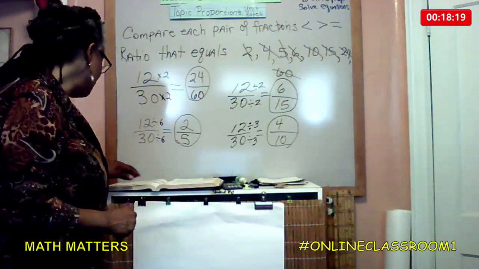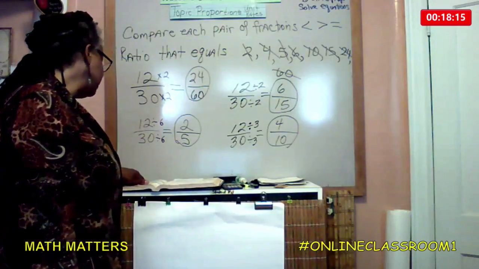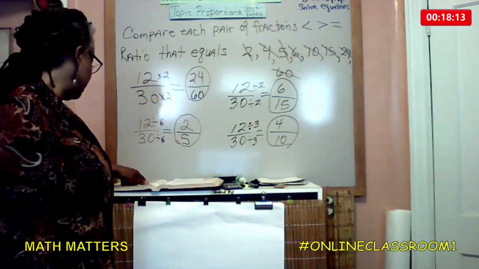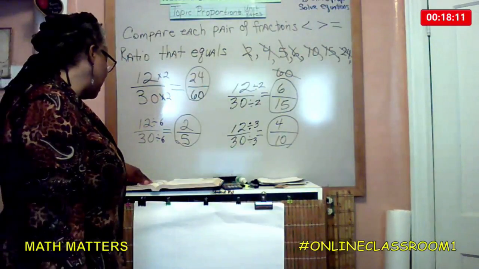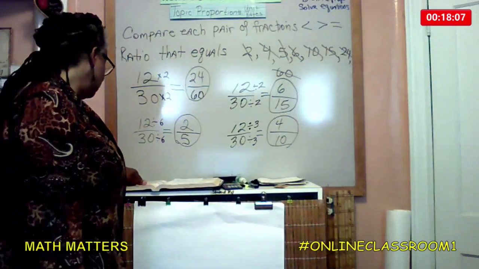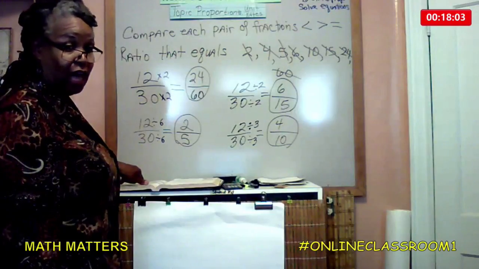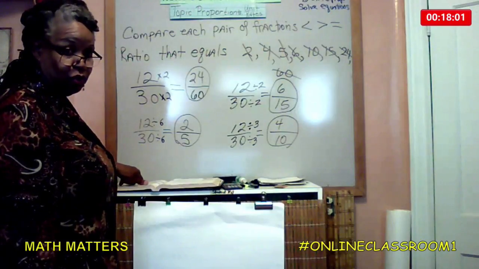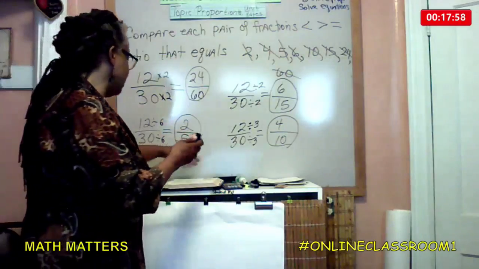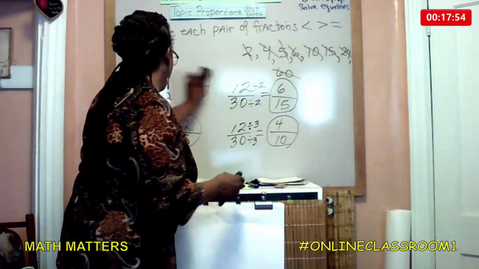All right. Okay, we're going to look at some pairs of ratios and see if they are equivalent. If they are, they will form a proportion. If not, the answer is no. So we're going to see if we have a proportion or not.